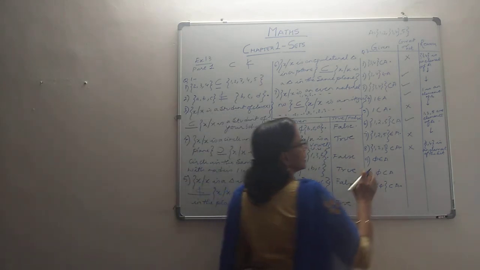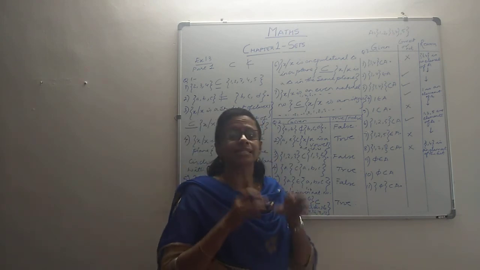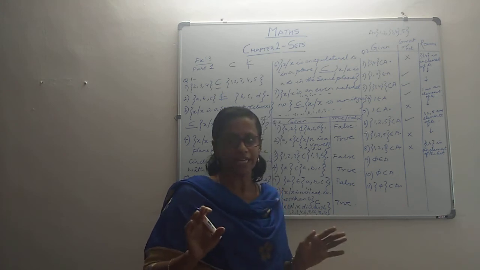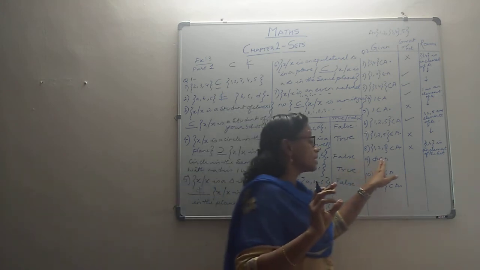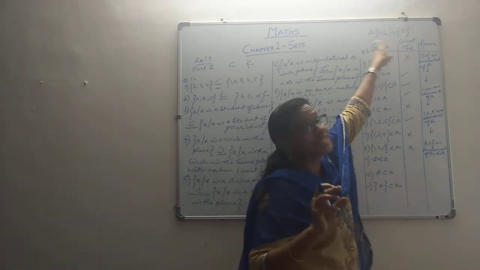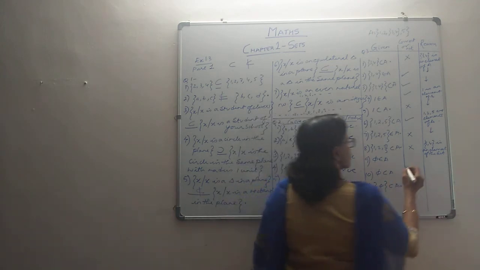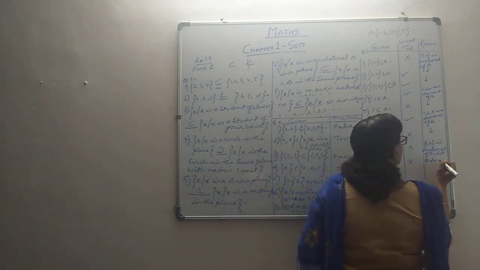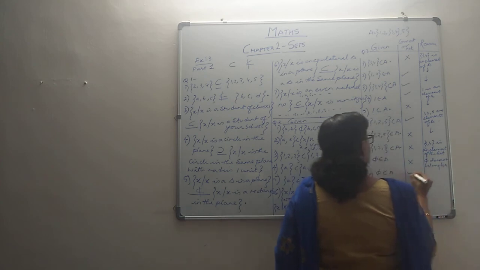Phi belongs to A. See, the empty set is a subset of any set, and the set itself is also a subset of any set. That happens by default. But belonging means you should see it there. Do you see that element there? No. So this is not true, because this does not belong to A. And this is true.